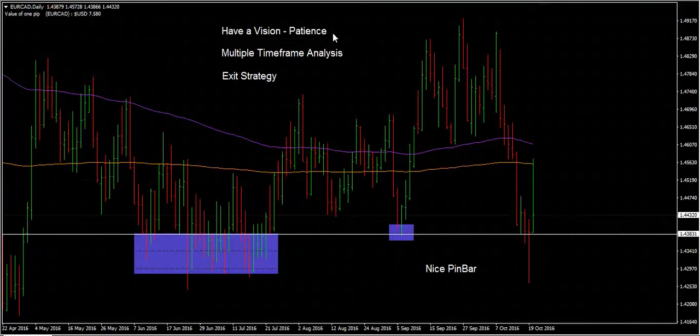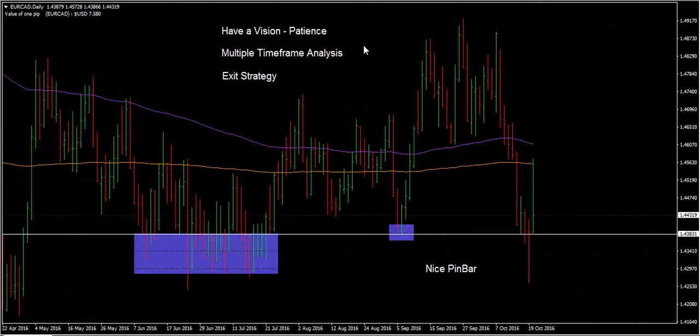One of the things that you should all do, and it'll save you a lot of time, is to use multiple time frame analysis, right? The simple way to put it is this: use support and resistance levels on the time frame that's above the time frame that you're trying to trade.